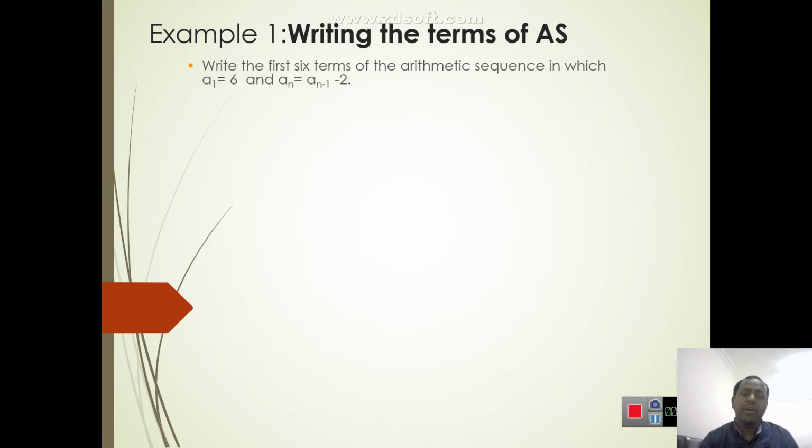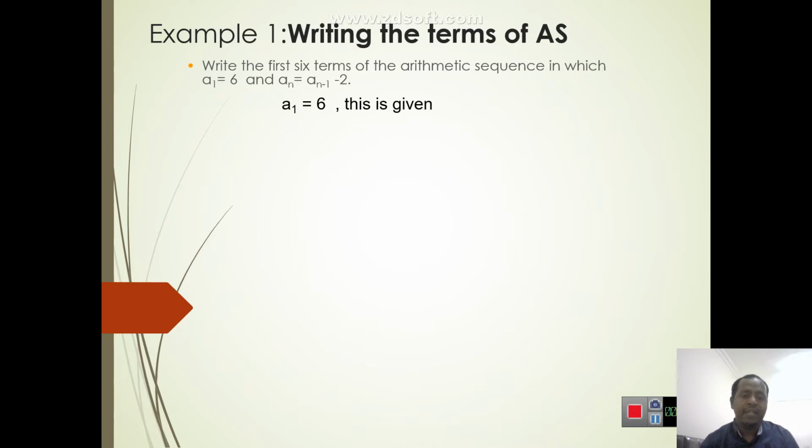The first term is given, which is 6, and the recursive formula for the sequence is given. In order to find the sixth term, we need to begin with the first term, which is 6.